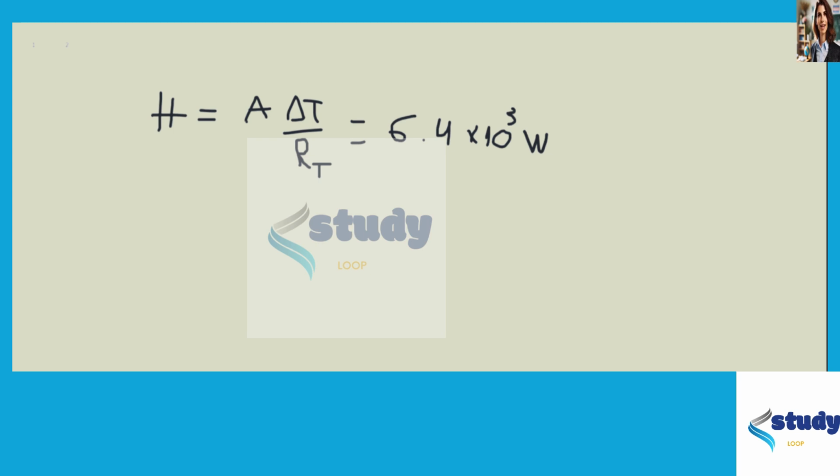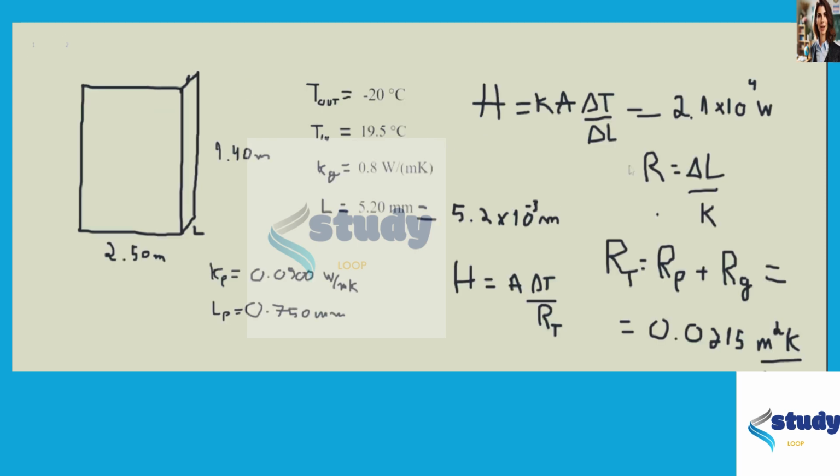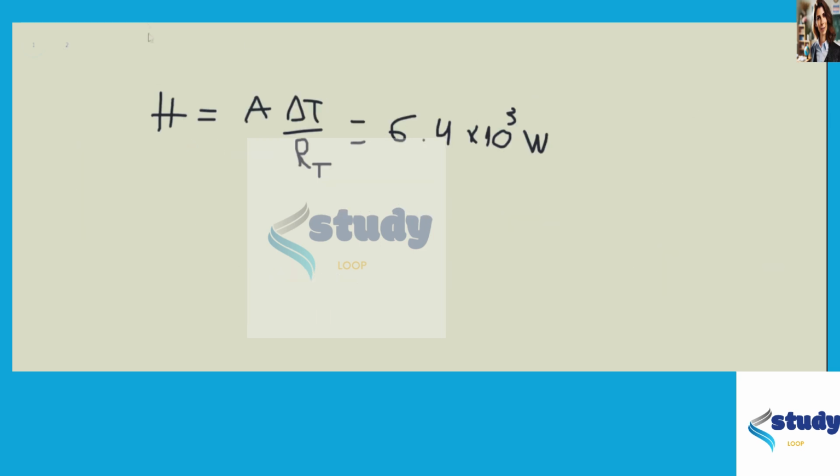And we can see that the layer of paper decreases the heat loss by a factor of 3, because we can compare it to the other heat that we obtained here, which was 2.1 times 10 to the 4. So just putting a sheet of paper insulates the interior a lot.